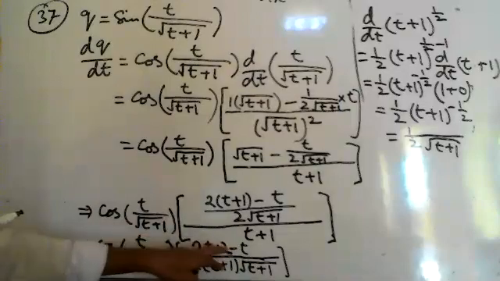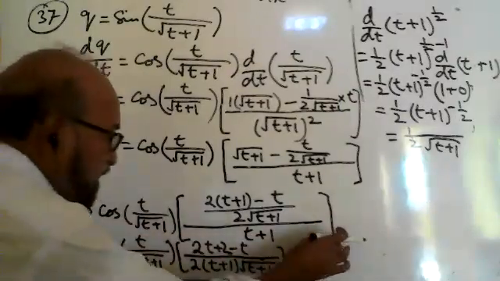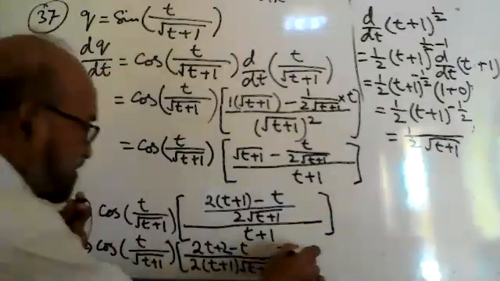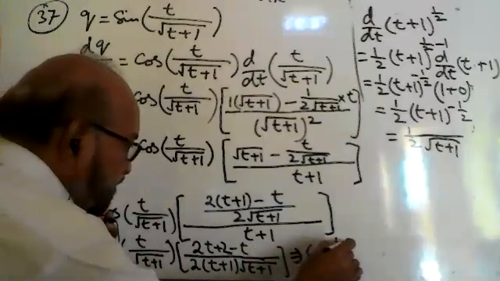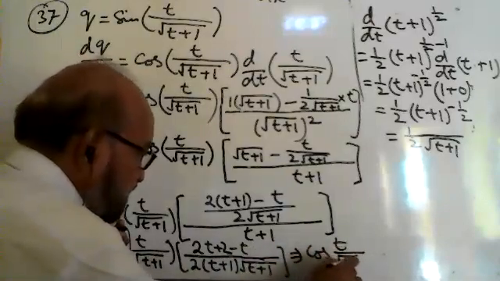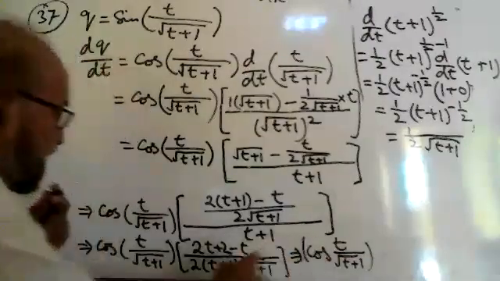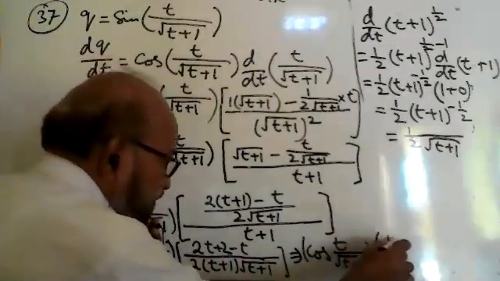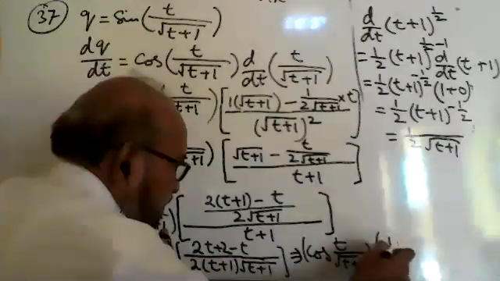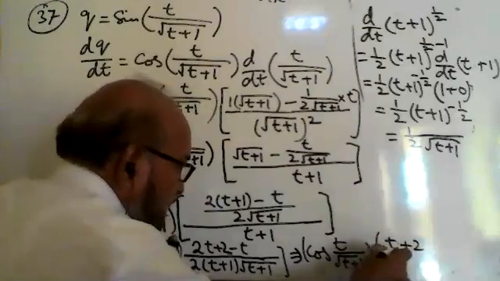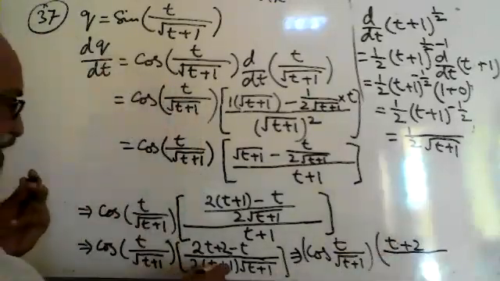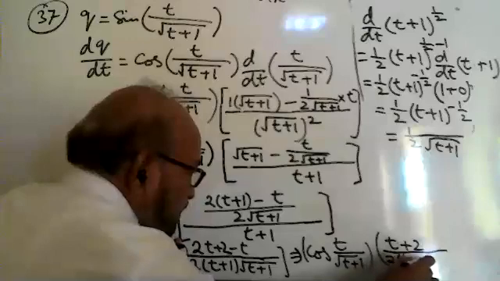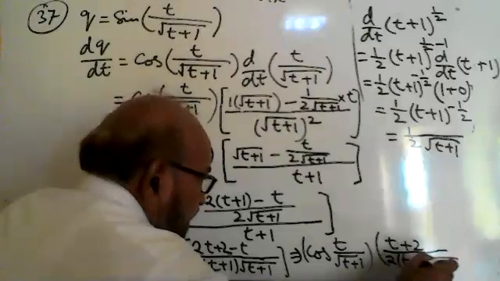So 2t minus t will be t plus 2. So that will become cos t upon root t plus 1 into 2t minus t will be t plus 2, upon 2 into t plus 1 into root t plus 1.